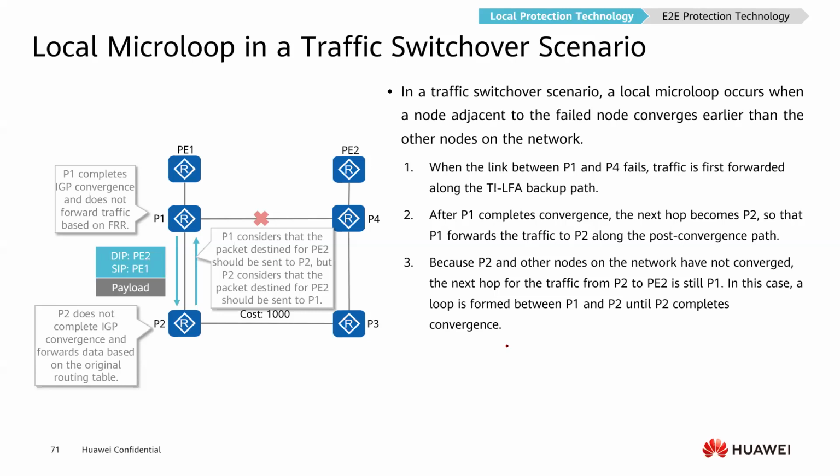This kind of loop is what we just said: P1 finishes the IGP convergence and does not forward the traffic based on FRR. It sends to P2, P2 has not finished the convergence, so it sends it back to P1. You can see because this cost is very large, P1 going to P2 still goes this way. So this is the first type of macro loop. This is a traffic switchover scenario.